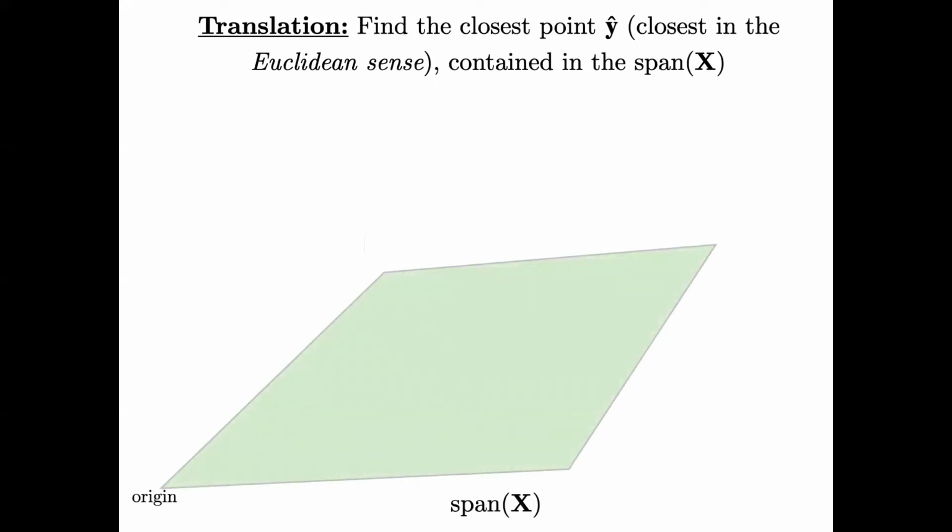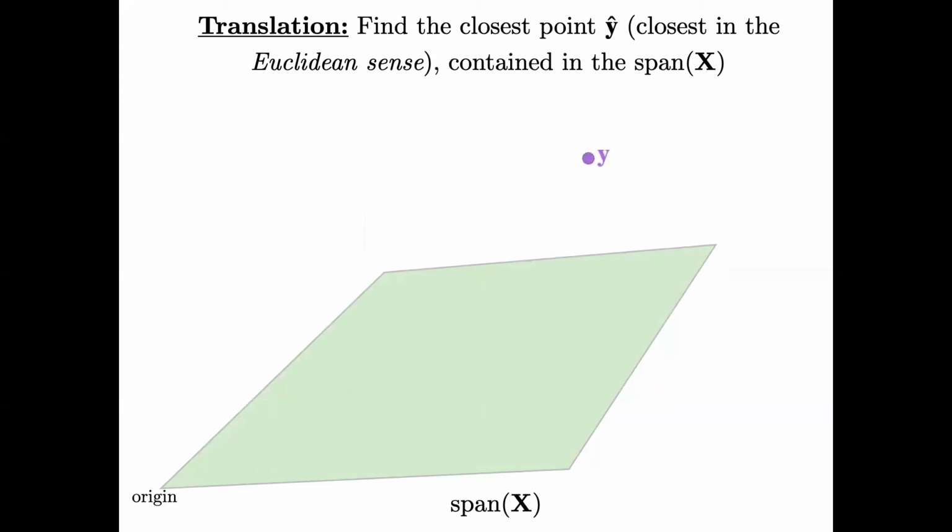And if you'll recall, in an earlier video, I told you anytime you're thinking about a subspace from a higher dimensional space, it will never hurt to keep this idea in mind of just using a plane to represent the subspace inside of a three-dimensional space. So let's let this plane here, this green plane I've drawn, represent the span of X, the span of the columns of X, that means.